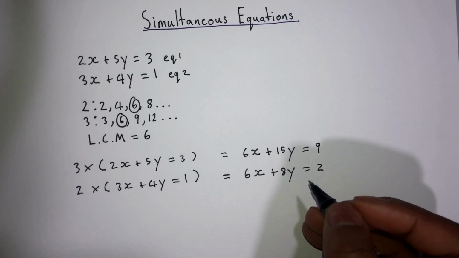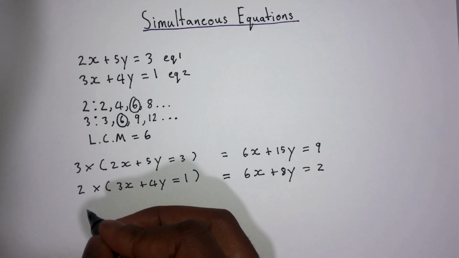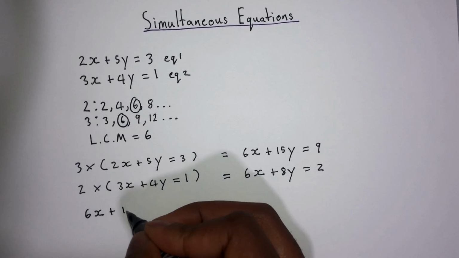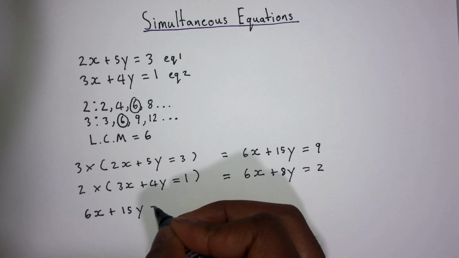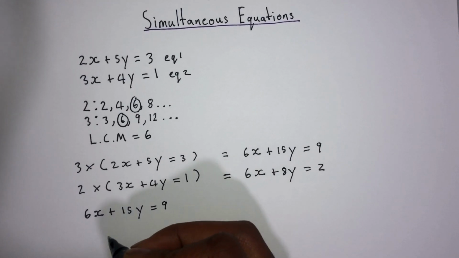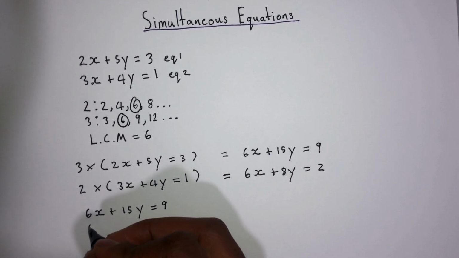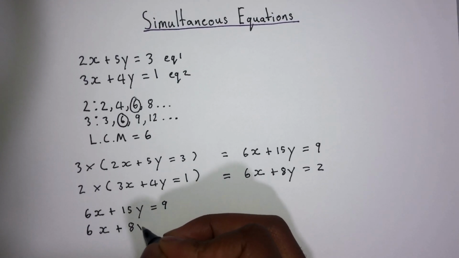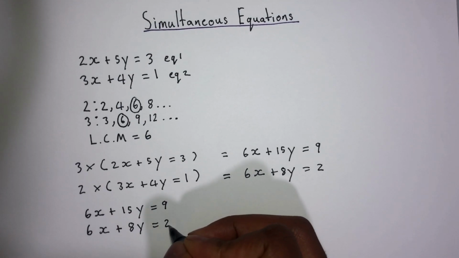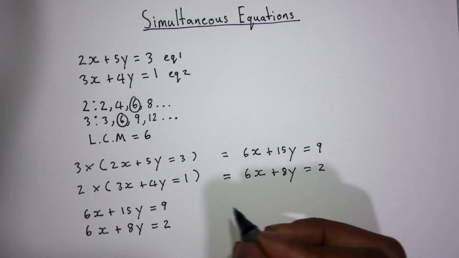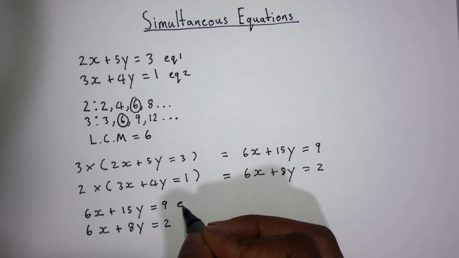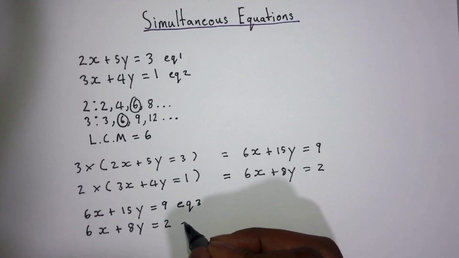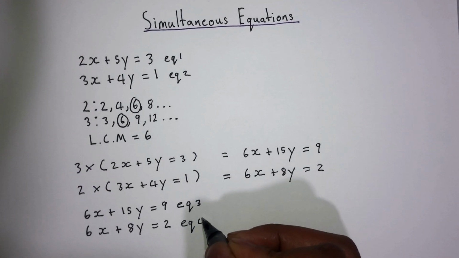So our new equations are 6x plus 15y equals 9 and 6x plus 8y equals 2. And we're going to call this equation 3 and this one equation 4.